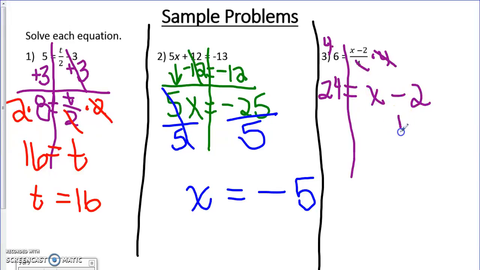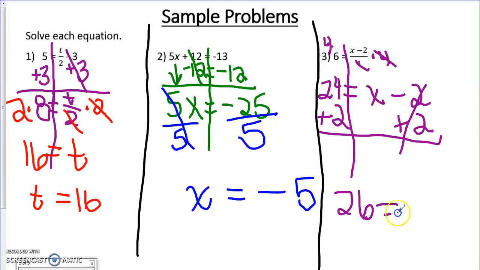And all you have to do here is add 2 to both sides. 24 plus 2 is 26. 26 equals x, or you can write it as x equals 26.